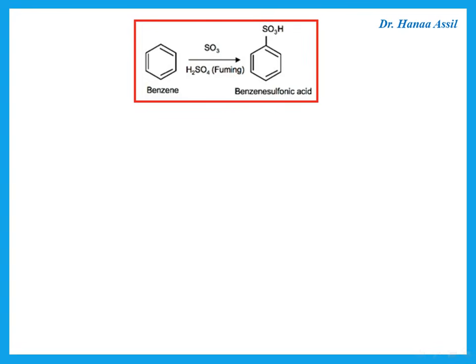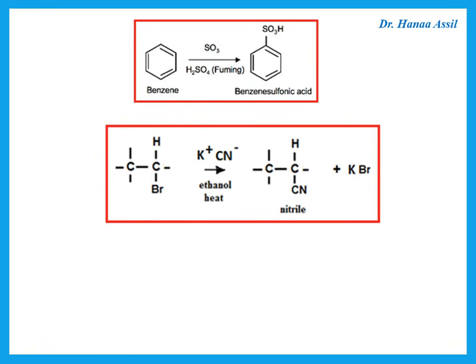What if I want to put a sulfonic group on the benzene ring? In that case, I react the benzene with what we call fuming sulfuric acid, which is sulfuric acid with sulfur trioxide. This will put the SO3H group on the benzene ring.